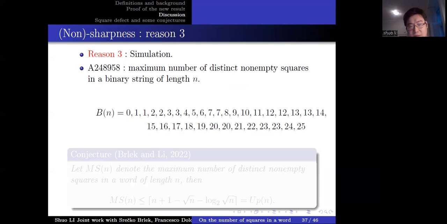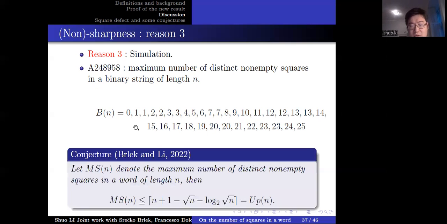We can easily check that this sequence increases merely slower than the linear function f(x) equals x. So we can give a better upper bound for this sequence, which leads to our new conjecture concerning the number of distinct squares in a word.